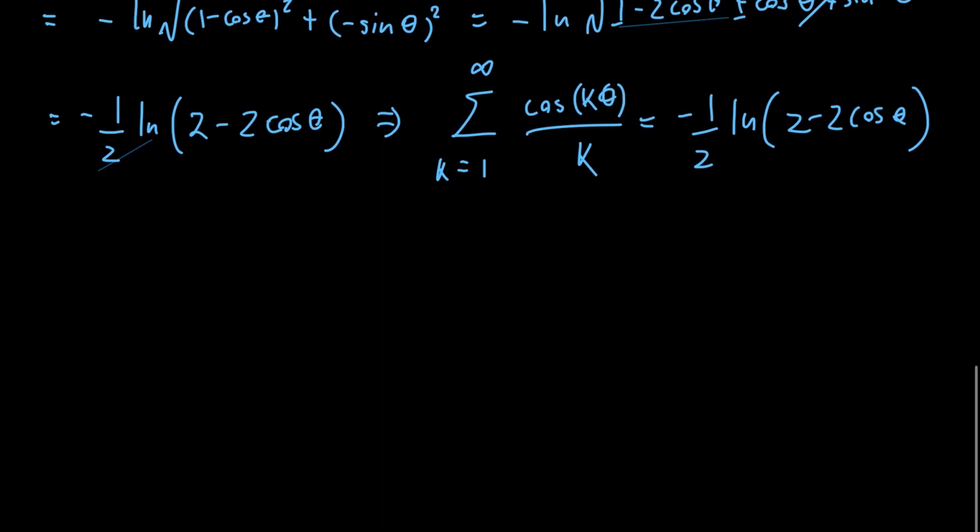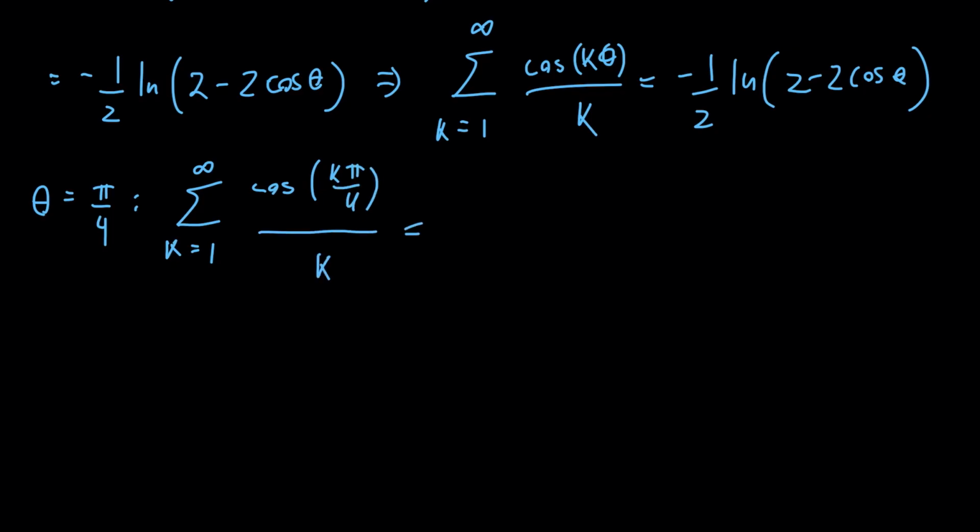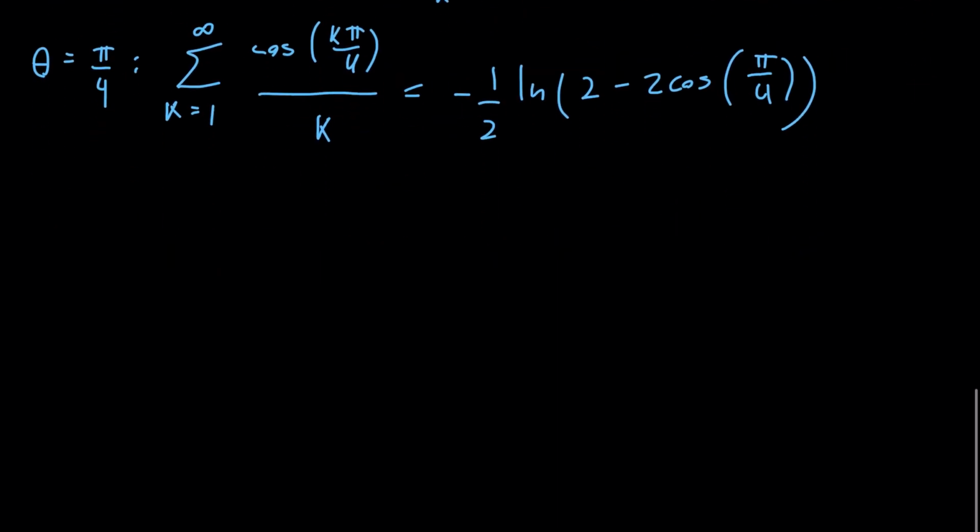So now all that's left is to let theta equal pi over 4. So this means that the sum from 1 to infinity of the cosine of k pi over 4 over k is negative 1/2 the natural log of 2 minus 2 cosine of pi over 4, where the cosine of pi over 4 is the square root of 2 over 2.